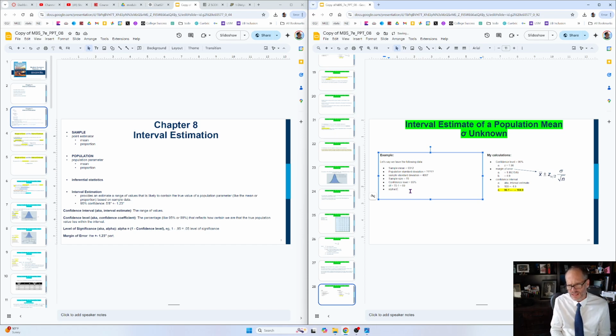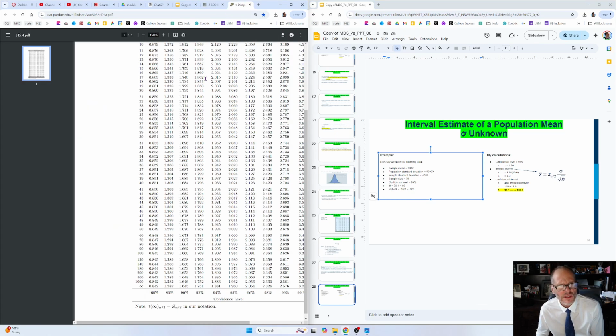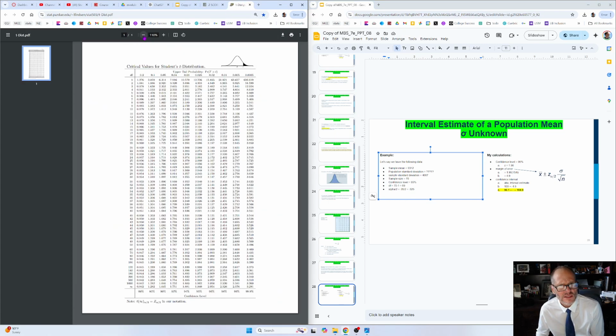So alpha divided by 2 is equal to 0.05 divided by 2, which is equal to 0.025, or 2.5%. So we have our t table here, and I'll make this a little bit smaller so we can see it.